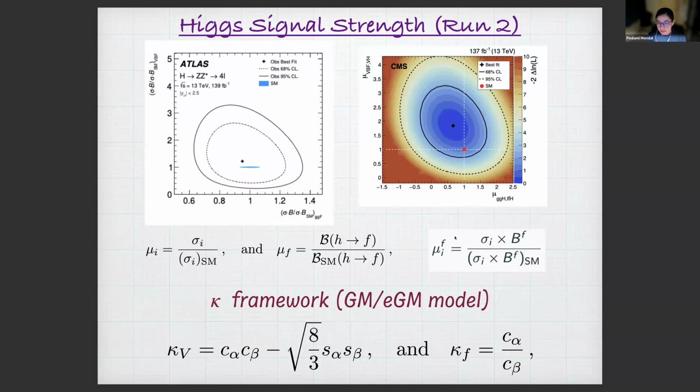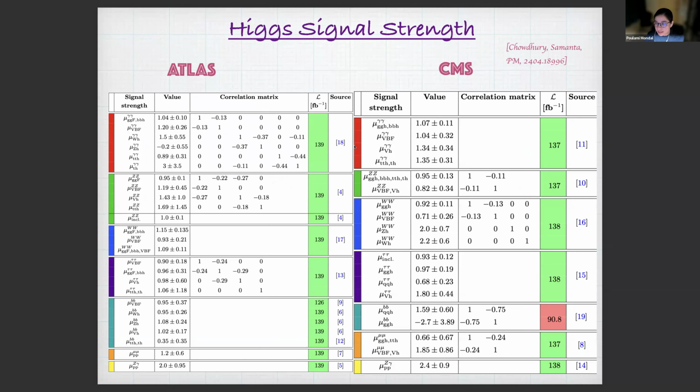So you can write your mu in terms of the kappa parameters, and if you calculate these kappa parameters in the Georgi-Machacek or extended Georgi-Machacek model, this is actually in terms of alpha, which is the mixing parameter between the standard model Higgs and the other one, and beta, which is basically the ratio of the triplet and doublet weights. So your kappa parameter is nothing but the mixing angle and the triplet weight.